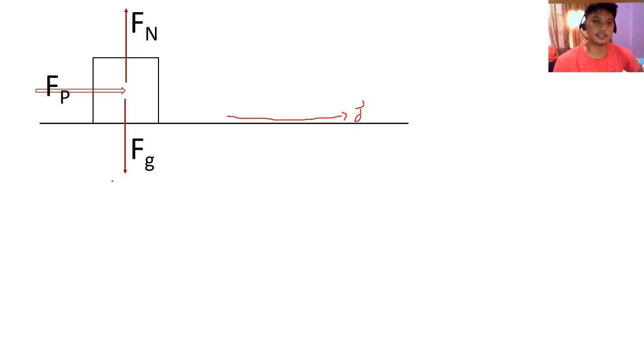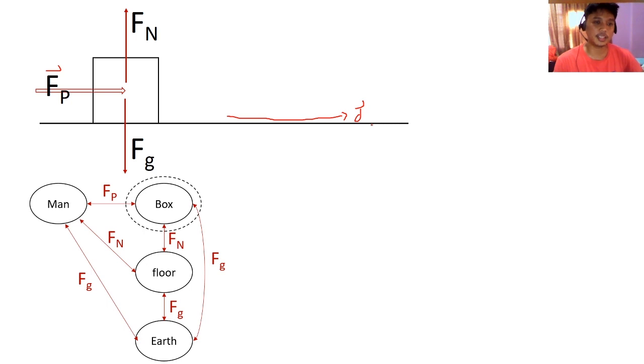At first glance, you will clearly see that the normal force cancels out the gravitational force, because the displacement of this box is to the right, not up or down. The pushing force is also to the right, so the direction of the pushing force and the displacement is the same. So expect that there will be an acceleration for this problem, which is also directed to the right.